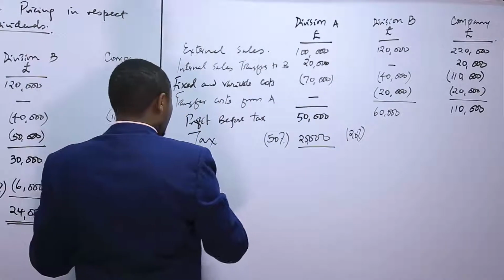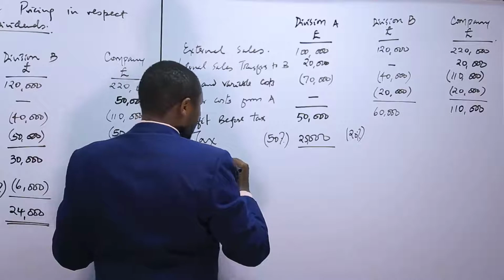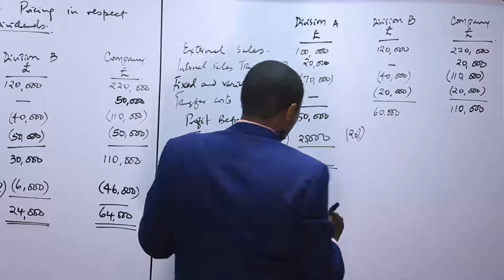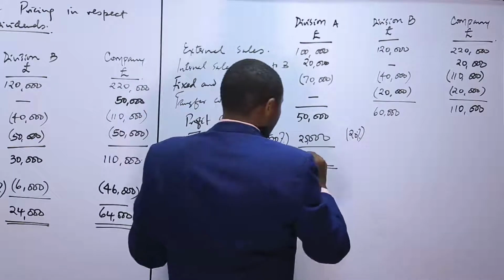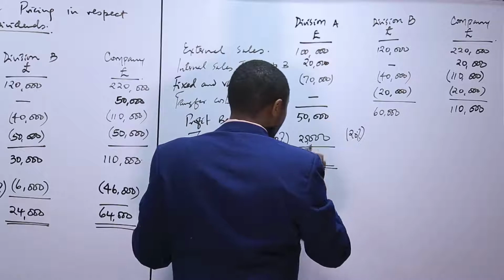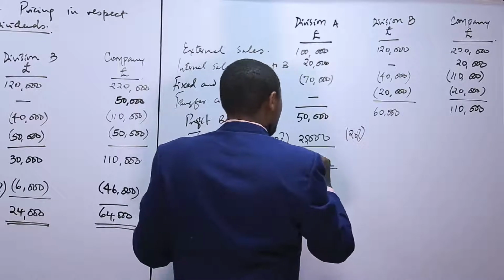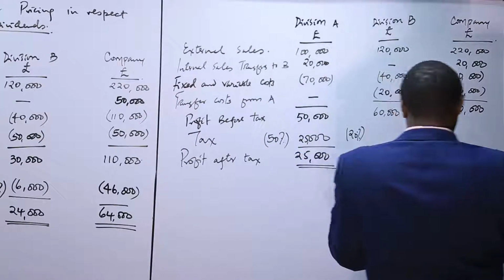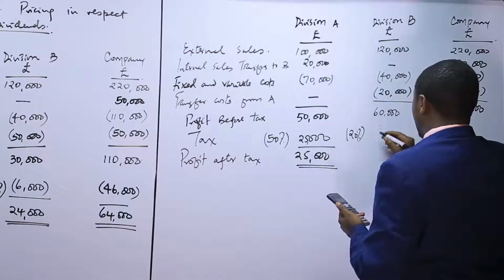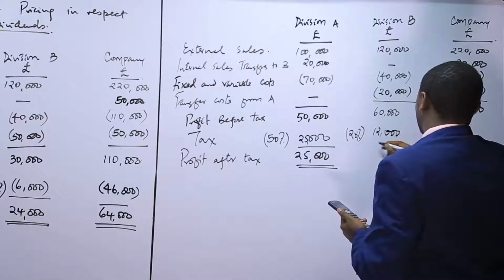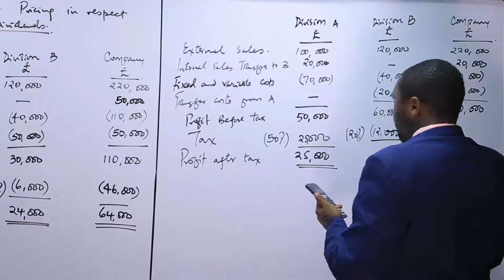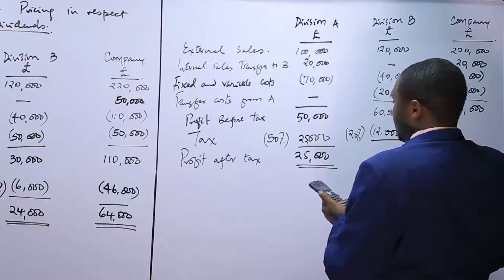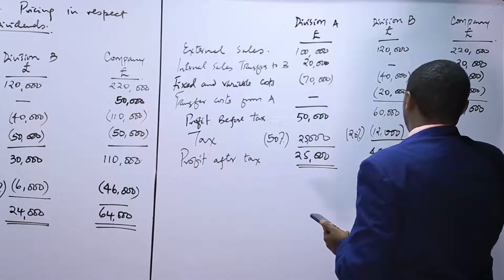Our profit after tax will be 50 minus 25 is 25,000. So our 60 times 20% is 12,000. And our profit after tax will be 60,000 minus the 12,000, which gives me 48,000.